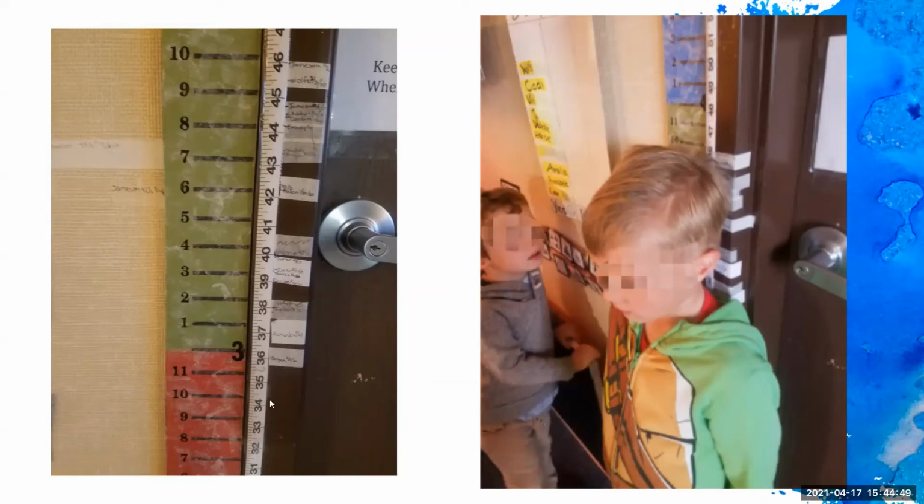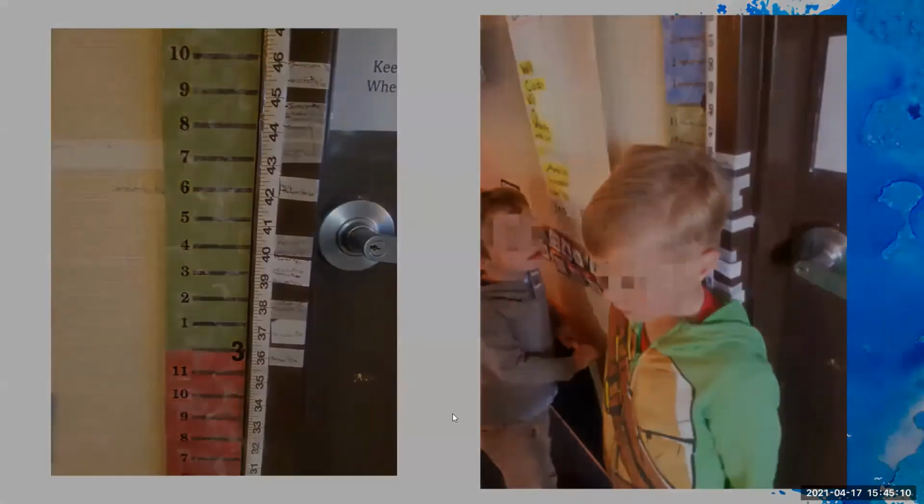You can actually find them at the dollar store quite often. And then I mark with tape along the side, so that we can go back in past times and see, oh, look, this is where you were when you first started in our classroom, and this is where you are now. So a sense of time is also measurement.